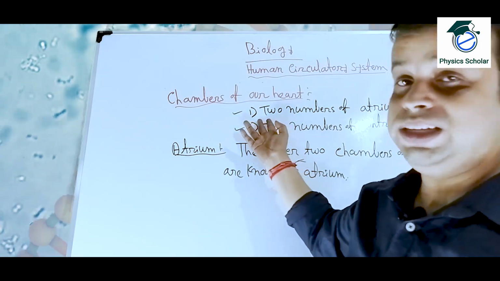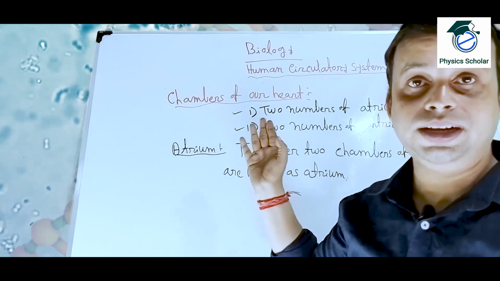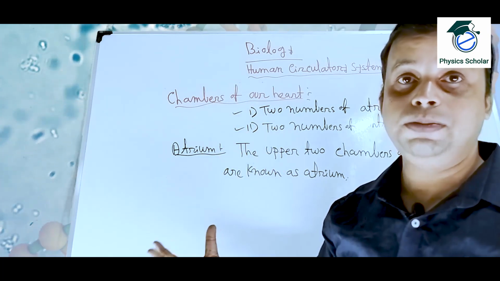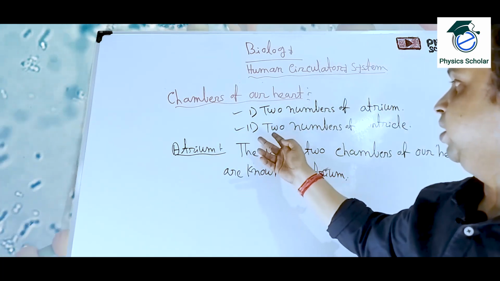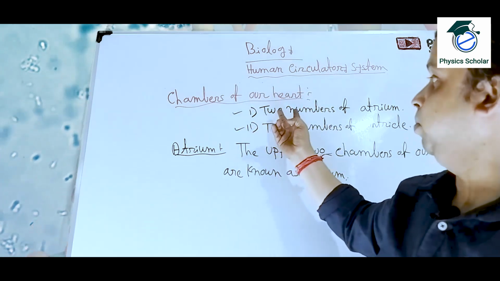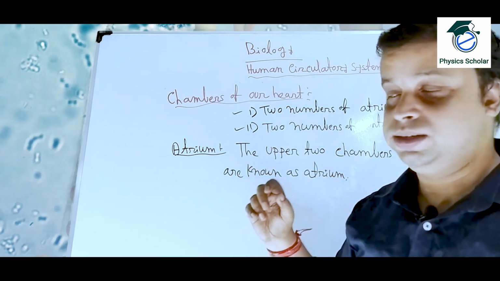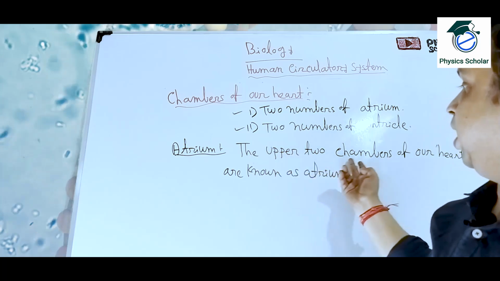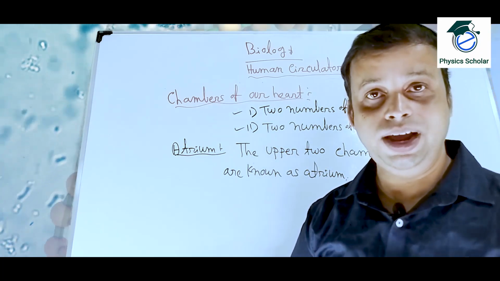Clear? So how many chambers are there in our heart or any heart of any mammals? 4 chambers. Okay. So the 2 number of atrium and 2 number of ventricles. What is atrium? The upper 2 chambers of our heart are known as atrium.